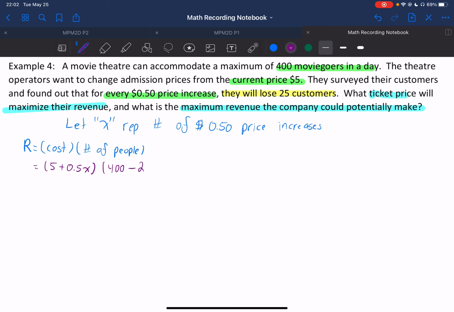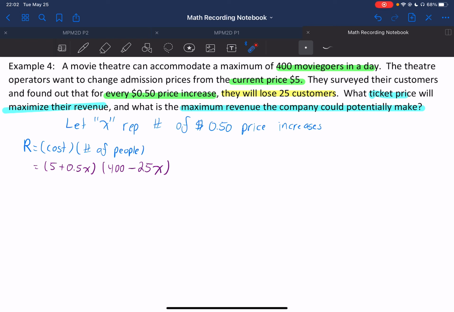So we're going to subtract 25 people for each price increase. That's where the x comes in. If you guys notice here, this looks very reminiscent of factored form. It's just written a little bit differently. But this is a factored form of a quadratic equation.